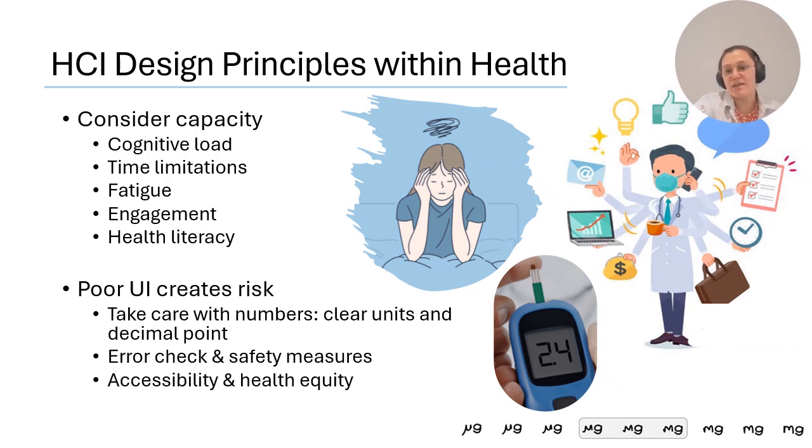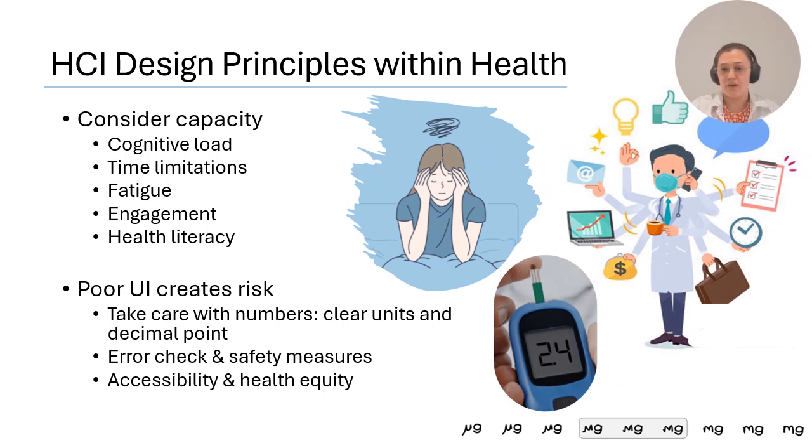But in this middle area, it could be ambiguous which one it is, and that's obviously quite significant. If you have these different units, that would be a very significant difference in medication. And so that's why it's better practice to use mcg instead of μg, and to make sure that's really clear.